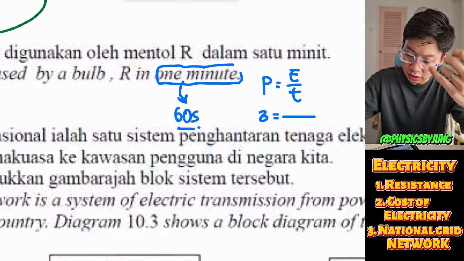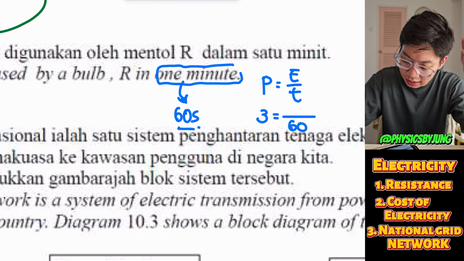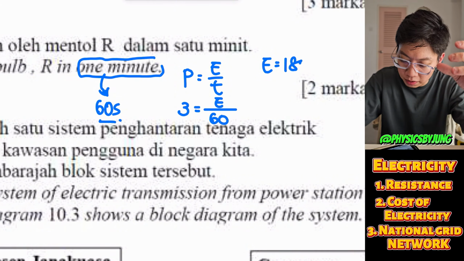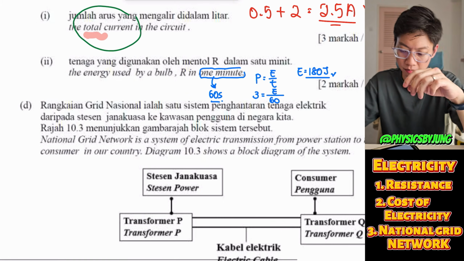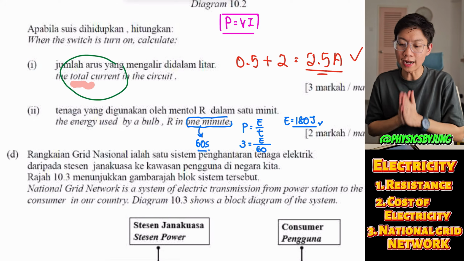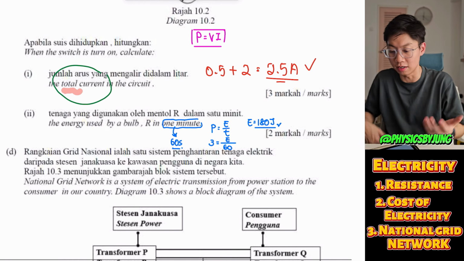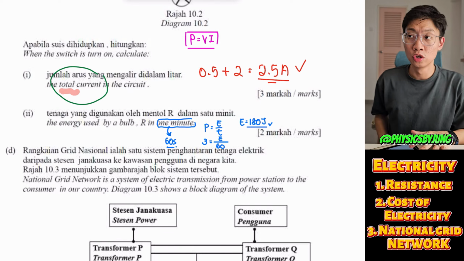Your power here is 3, your time taken is 60 seconds, and this is energy. If I multiply, my energy will be equal to 180 joules. So the energy used here will be 180 joules for 1 minute. The 2 marks calculation is very straightforward. It's very simple, so no problem, right?